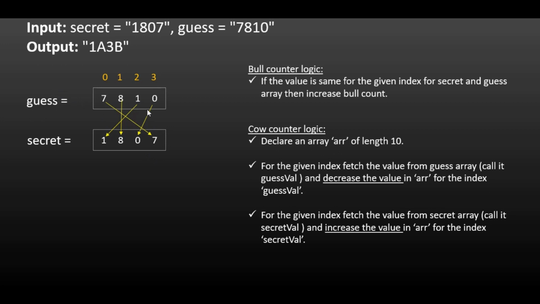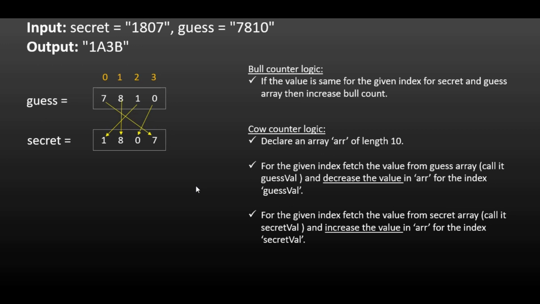So before decrementing the counter for guess, I can check the value in the array. If it is already incremented, that means when I went through my secret array it incremented it. So I can map the value of guess to that particular index and then decrement it. So there will be a one-to-one mapping, correct. Similarly I can do it the other way also.